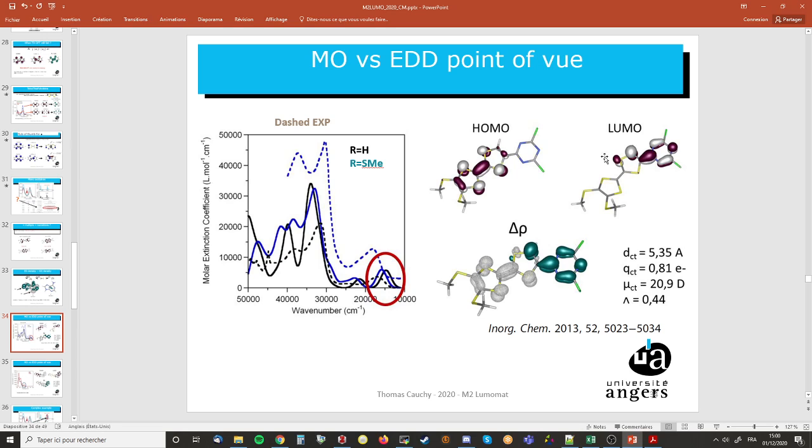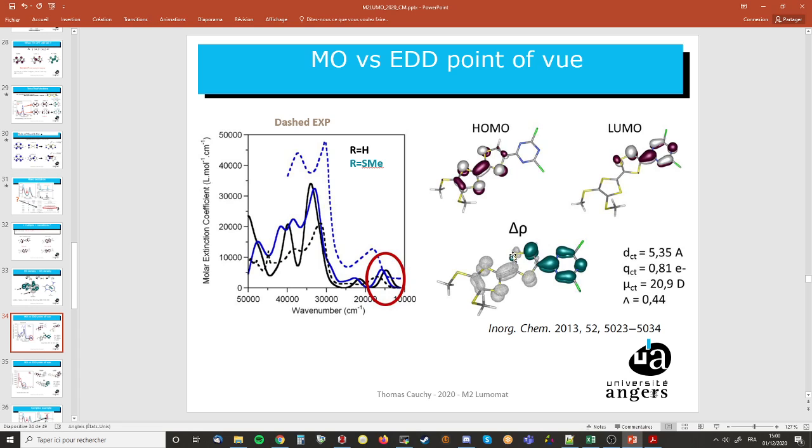And you see here that you have orbitals. So this is your bridge. When you compare the density, you see in blue where your electron is now. It is going to the triazine and it comes from the TTF.